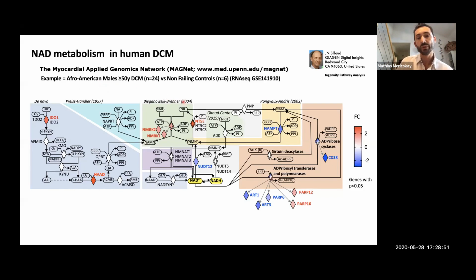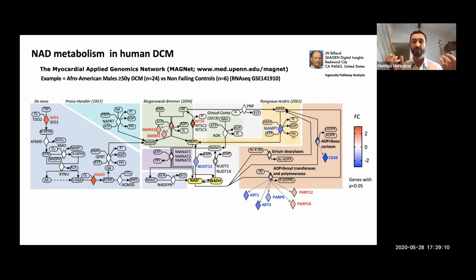As you can see, we find in this analysis a reproduction of the changes we had observed in mice, mostly an upregulation of NMRK2, but in that case also overexpression of NMRK1, and the repression of the NAMPT enzyme.